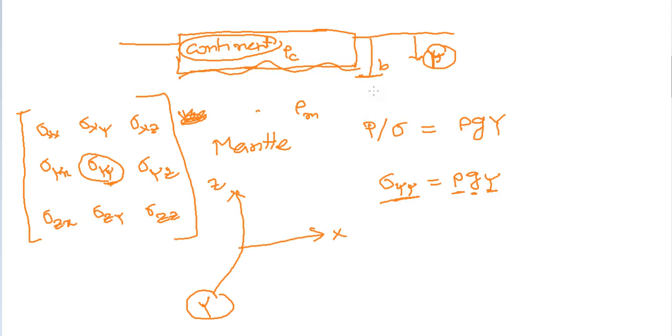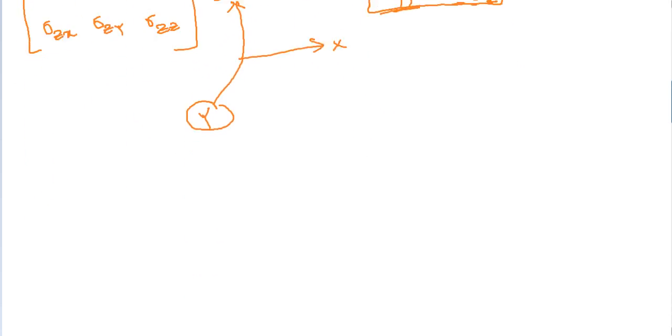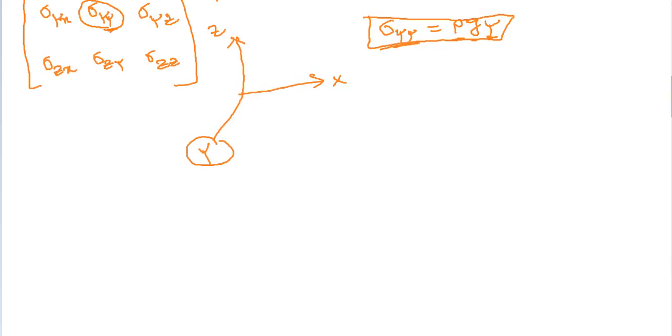For example, we are interested to find out the stress at depth y, so how can we find this? We know the average. Okay, before I go to determine this, I would like to say something about the equations. From this equation, you can conclude two broad things.